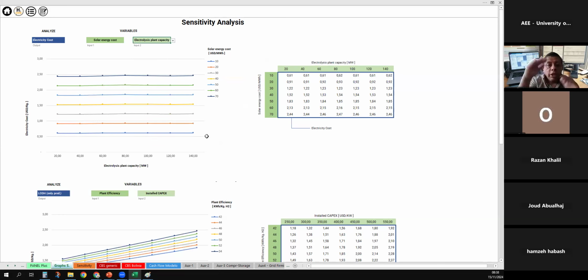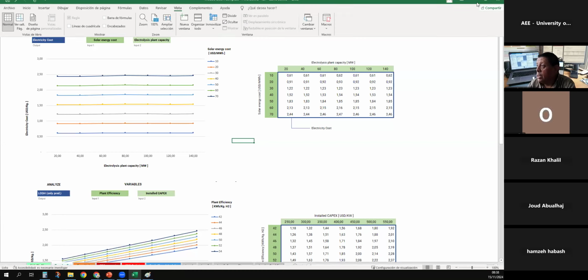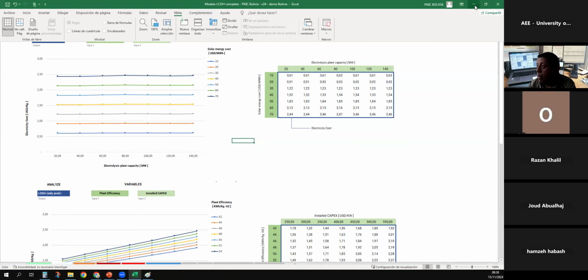So the curves in the graphic change and the value of LCOH changes. It means that it's a very useful tool to analyze many scenarios and then find the best scenario for the project.